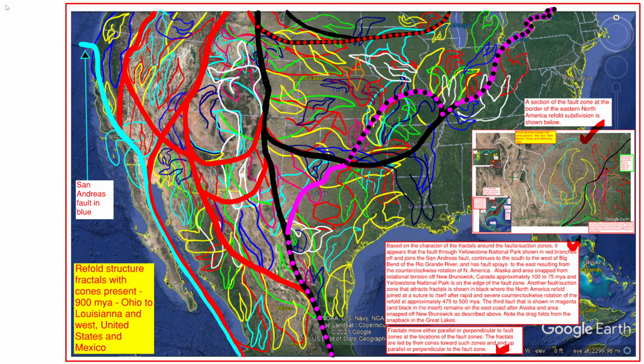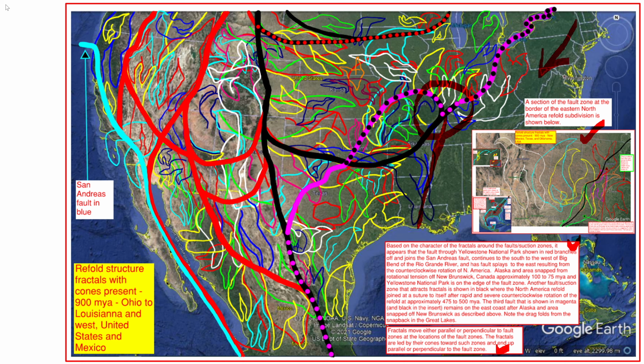Okay, we have the New Madrid seismic zone here that I'm circling. There's a weak spot here in the Mississippi River, so it formed a kink there, with the Mississippi going this way. That's why the magenta colored fault, which is the border of the refold subdivision, is shaped as such, because this section snapped down like this after it was released in tension, as I discussed.